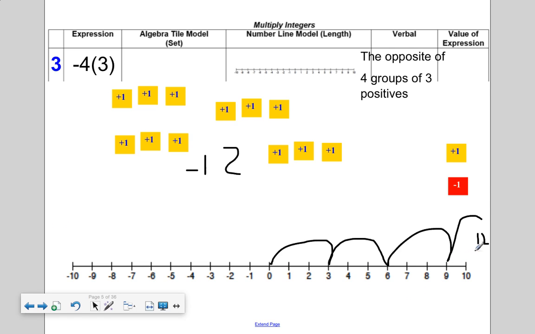What's the opposite of 12? -12. So opposite of 4 groups of 3. So when the signs are different, it's negative. Could we also say that this is saying 3 times -4, 3 groups of -4? Rewrite it as 3 groups of -4 using the commutative property. We could. So 3 times -4 is also -12.